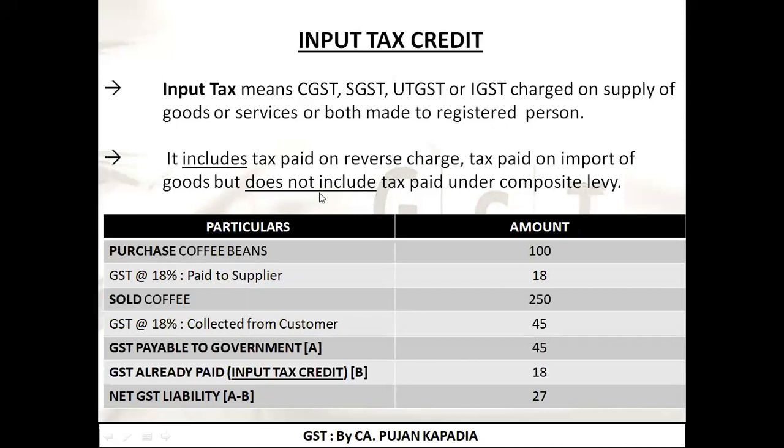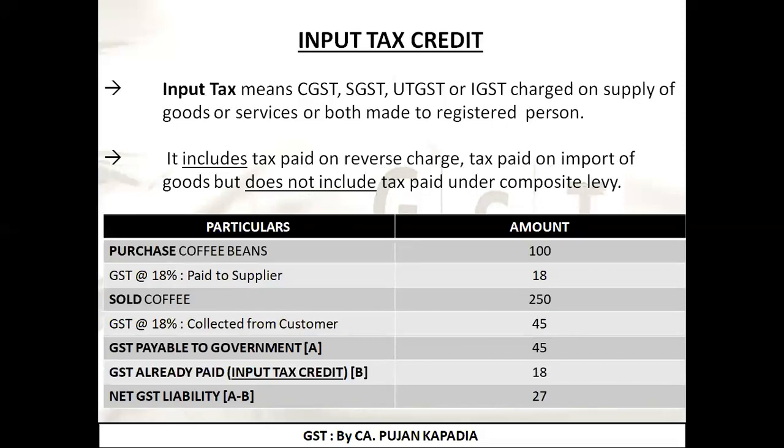But this does not include tax paid under composite levy. We have a separate short note on this topic, on what composite levy is. Just in short, for now, you can either be a regular taxpayer, where you need to follow all the rules and regulations, or the government has given you a simple option.